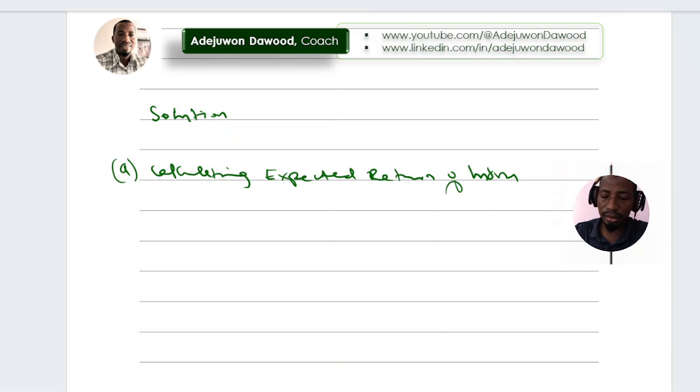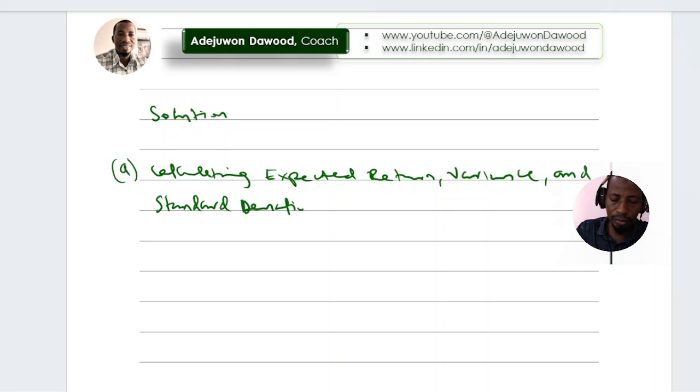So calculating the expected return and variance, because there is no way you can calculate the risk of an individual security without calculating the variance and standard deviation, which is the risk of the individual security.